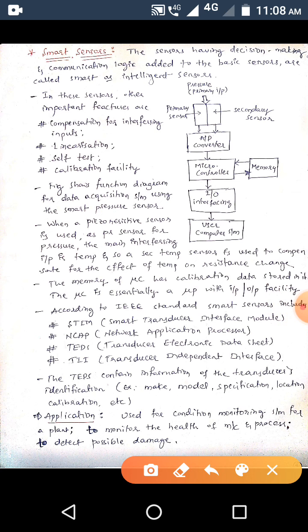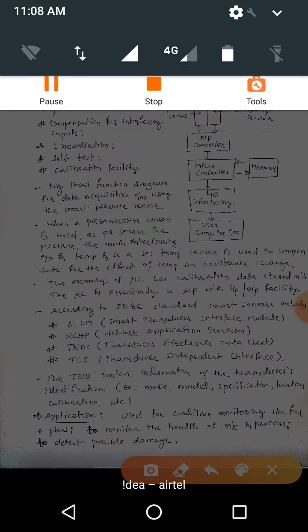Then it is going to convert the analog value to a digital value using the converter here. That is connected to one microcontroller. The microcontroller is going to decide whether the calibration data is stored in the system or not, using some inputs here. Then the microcontroller is going to decide whether the input is given perfectly to the system or not.